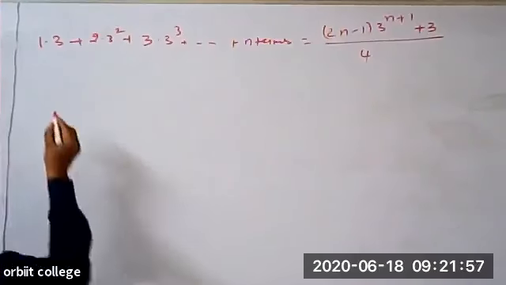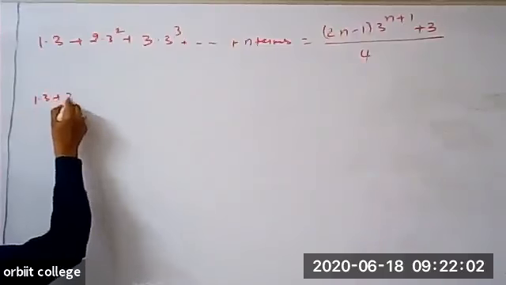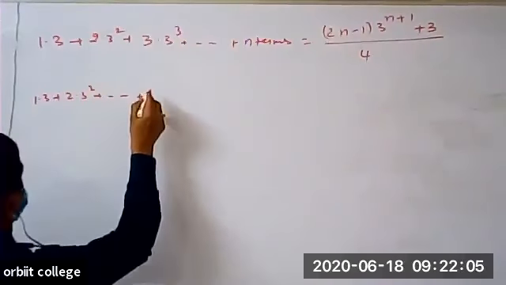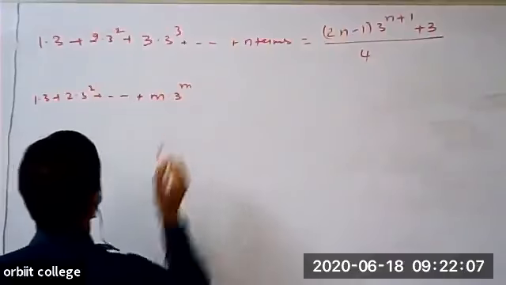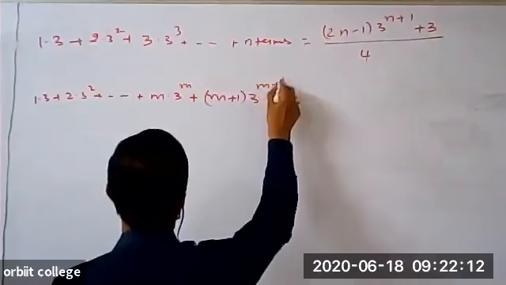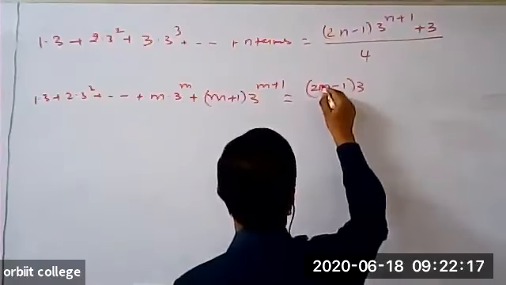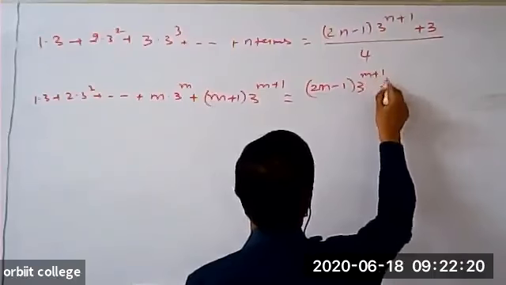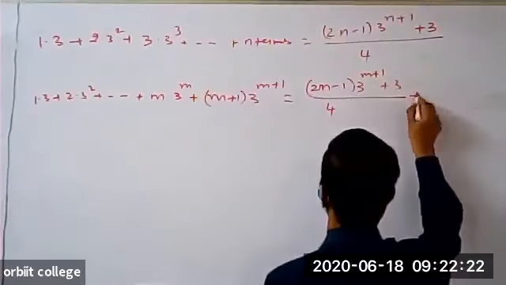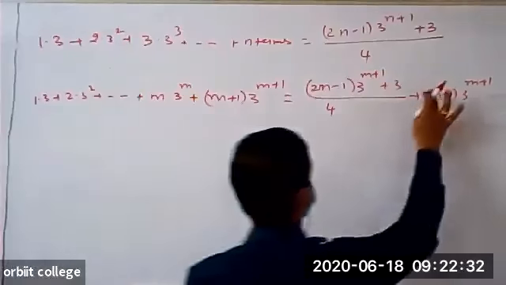See, what is the last statement you have? Fifth step: 1 into 3 plus 2 into 3 square plus so on, m into 3 power m, plus (m plus 1) into 3 power (m plus 1) equals (2m minus 1) into 3 power (m plus 1) plus 3 by 4 plus (m plus 1) into 3 power (m plus 1). Right? After this, the simplification will be there.